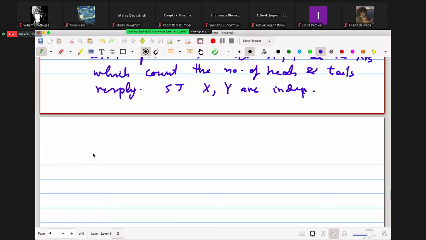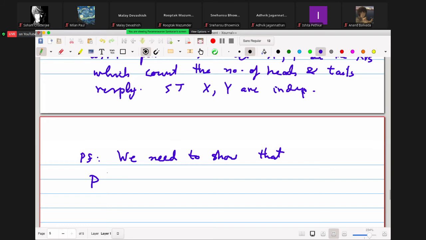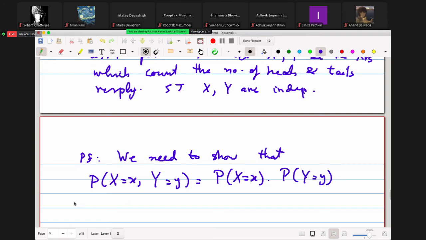So what do we need to show? Proof: we need to show that the probability of capital X equals x, capital Y equals y is equal to the probability of capital X equals x times the probability of capital Y equals y, for all x, y in real numbers, but basically you only need to show this for x, y positive integers.